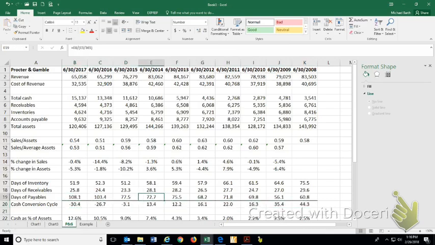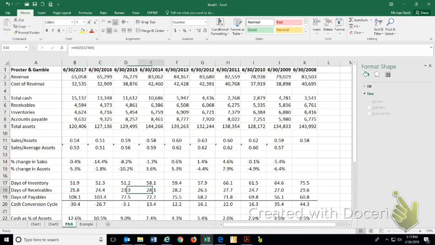What we see here, interestingly enough, if you look at inventory, going back to 2008, they started holding less days of inventory, and it's gone down from between 65 and 75 days to a little over 50 days over the last couple of years especially.